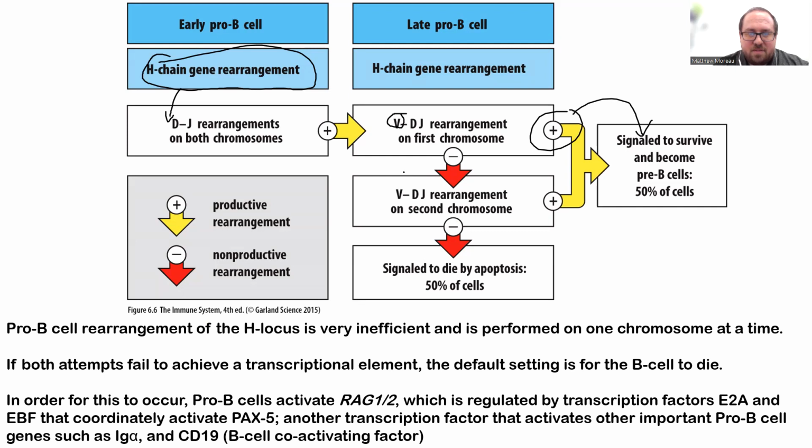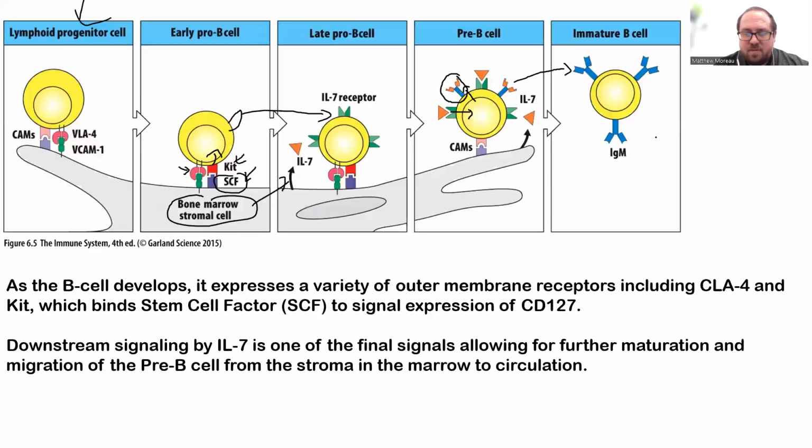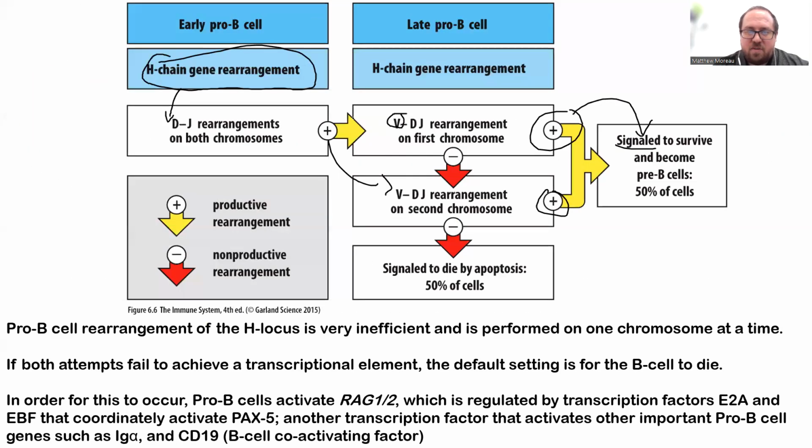If it fails, this can also happen on the second chromosome. And again, if it works, then it signals to survive. This is really an important function because, as we saw previously, continuous expression of the IL-7 receptor is specific to these cells eventually becoming a fully functioning heavy chain.